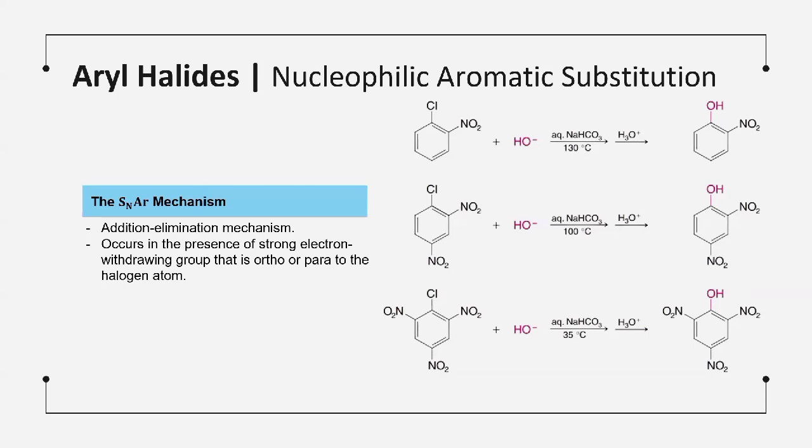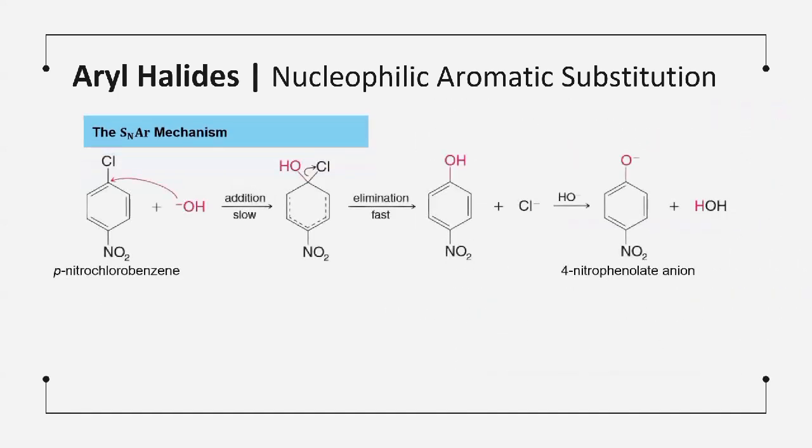And lastly, the SNAr mechanism involves the formation of a Meisenheimer intermediate. So more on that later. Let's first focus sa mechanism niya. So for this specific example, first is yung addition ng hydroxide ion natin resulting in the formation of the carbanion, which is yung Meisenheimer intermediate nga natin.